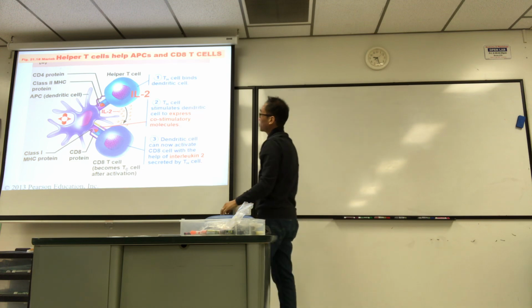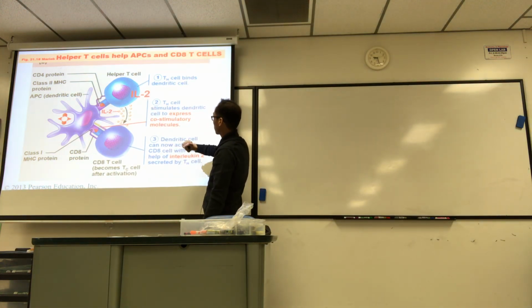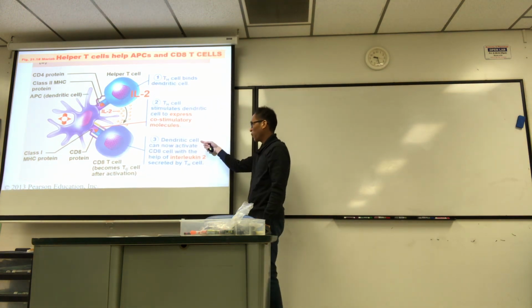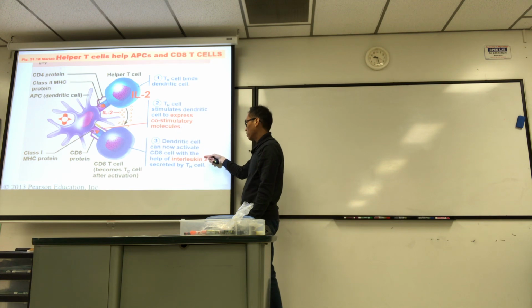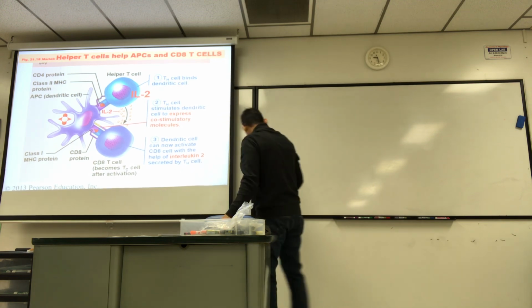So the helper T is secreting IL-2 to help stimulate the CD8 cell. So that's the third point. The dendritic cell is activated with the help of interleukin 2 by the helper T cell.